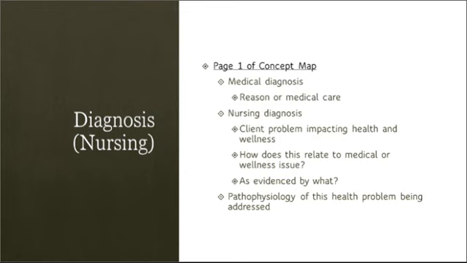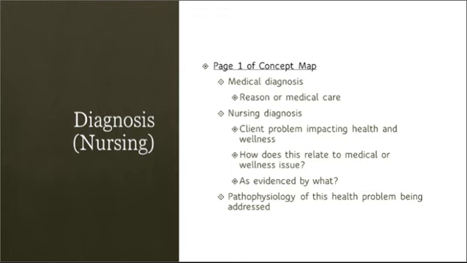So on your concept map on page 1, that's why you have your alteration in health, or their medical diagnosis, what brought them to wherever you're caring for them. Then you have your client problem related to alteration in health, which is your nursing diagnosis. And it needs to be something nursing can do something about within the scope of a nurse.